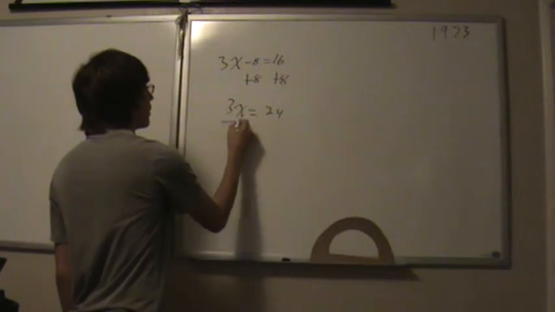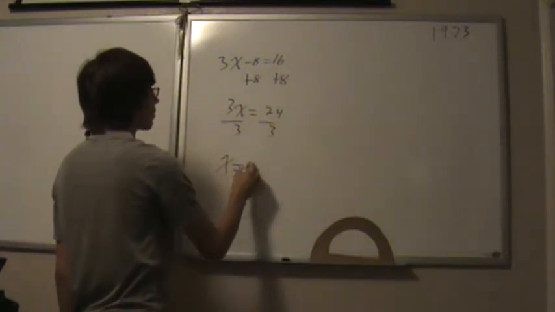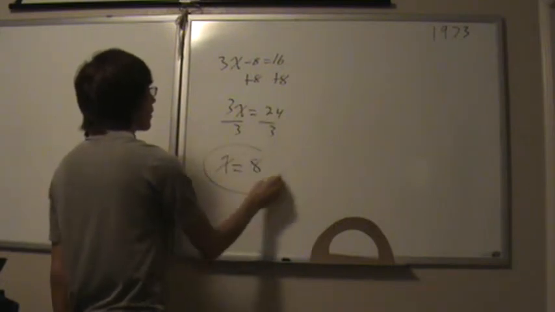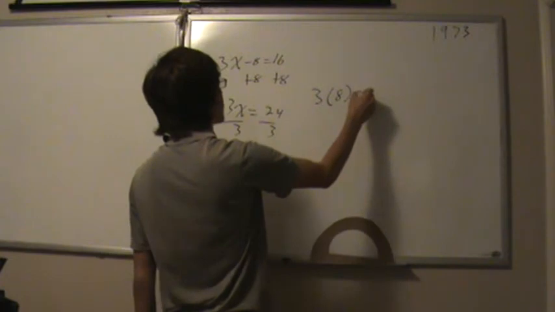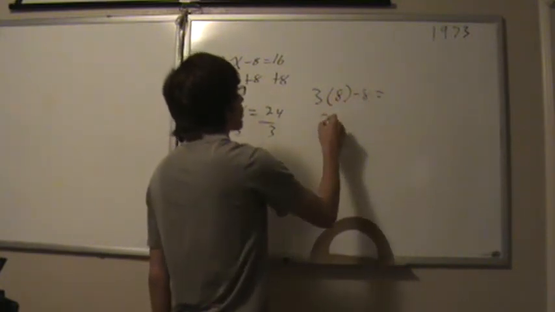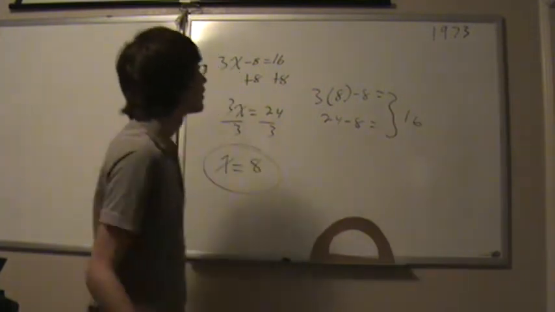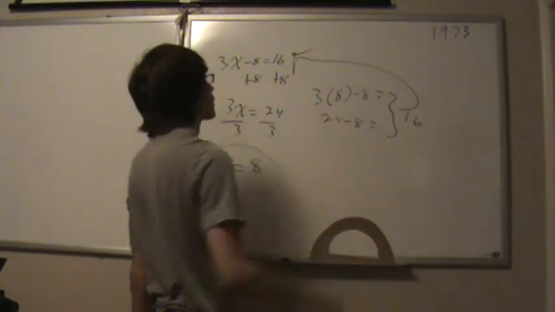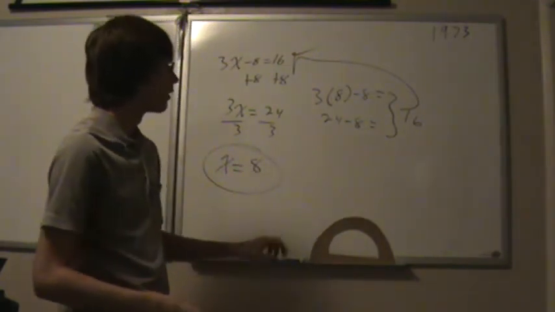Now we divide by 3 and get x equals 8. We can check it by plugging in 3 times 8 minus 8. So that's 24 minus 8, which gives us 16. And notice 16 looks a lot like that guy up there. Okay, that's it.